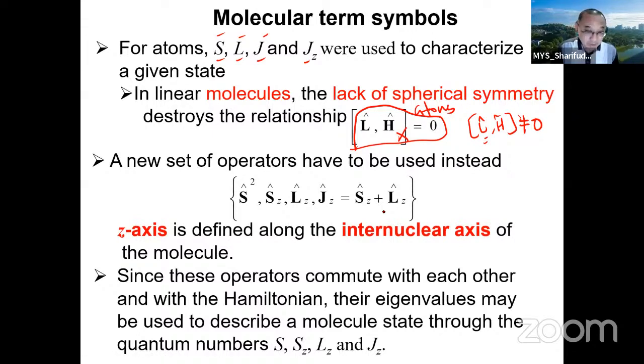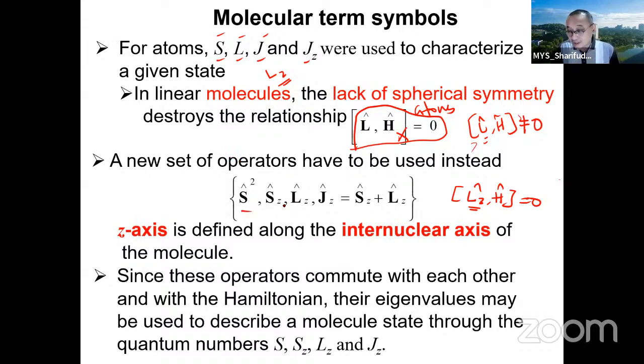But we are lucky because the Lz still commutes. So we have Lz commuting with the Hamiltonian. So we can still use Lz as a way to label electronic states of diatomic molecules. So we will be working with a new set of operators.